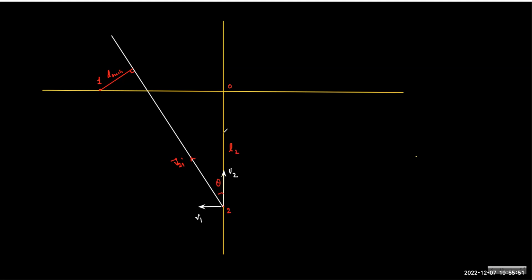So if this is L2, this is how much? Because this is also theta. So how much is this value, in terms of theta and L2? How do you write the missing value?